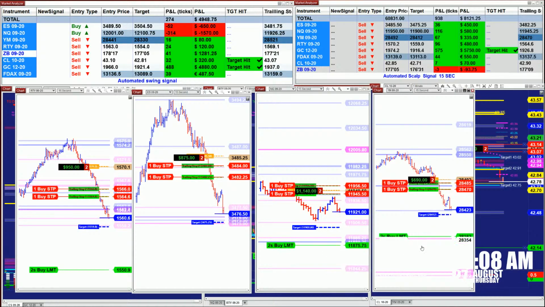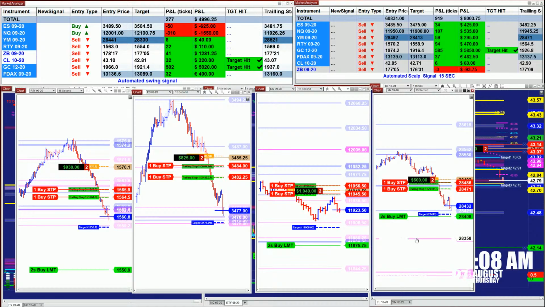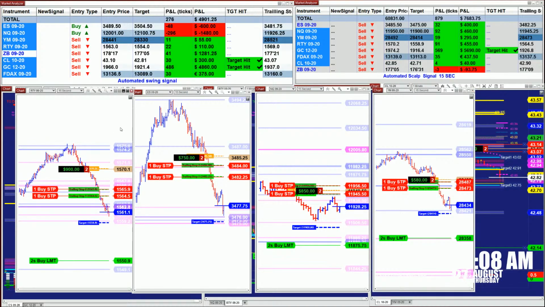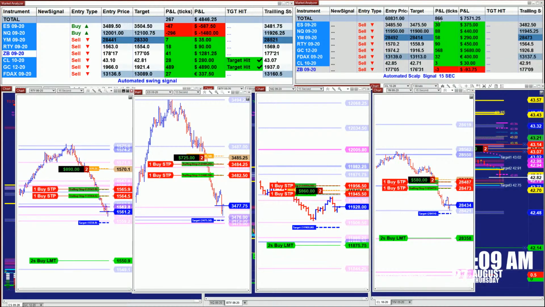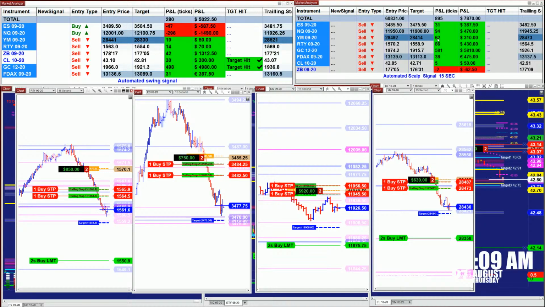You can also expand the target if you want, or you can keep it as is where the auto trade has put it. So at the moment we are on the scalper 866 ticks based on one contract. The ES, it is one contract, 30 ticks on the scalper. Nasdaq 100 tick, YM 65 ticks based on one contract.